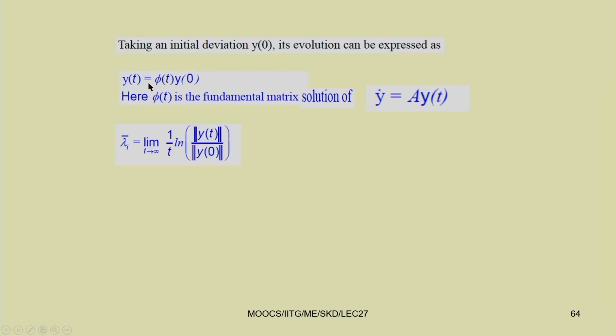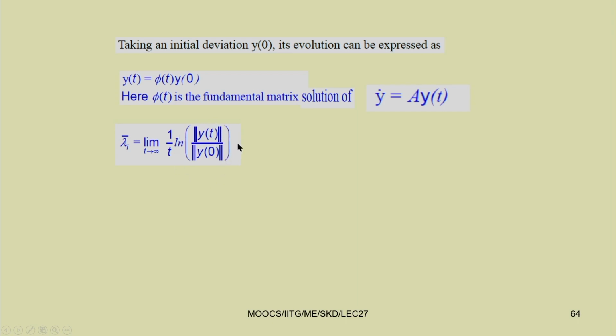We can also write y(t) using the fundamental matrix: y(t) equals phi(t) into y0, where phi(t) is the fundamental matrix of the solution of y dot equal to A y. The Lyapunov exponent can be defined as the limit t tends to infinity of 1 by t ln of y(t) by y0. This is the deviation at time t compared to the initial deviation.